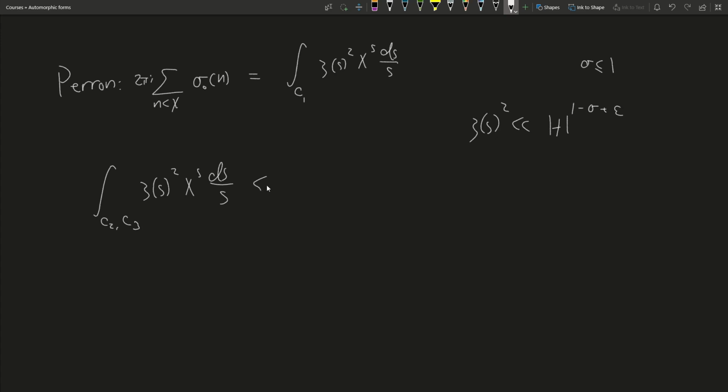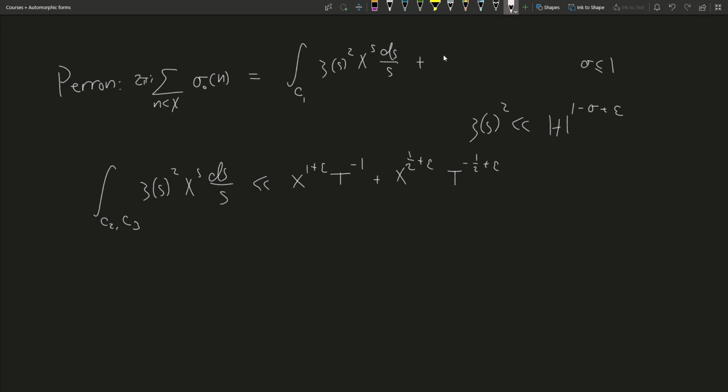So this integral, we can bound just by taking absolute values, and what we end up getting is x to the 1 plus epsilon t to the minus 1 coming from the right endpoint, and for the left endpoint we're going to get x to the 1/2 plus epsilon, and then we have a t to the 1/2 coming from this, but then we've got t in the denominator here, so it's going to be t to the minus 1/2 plus epsilon, and as before, we're going to find that this doesn't contribute.